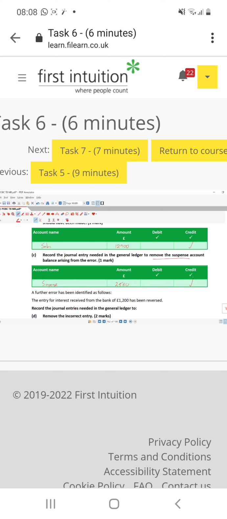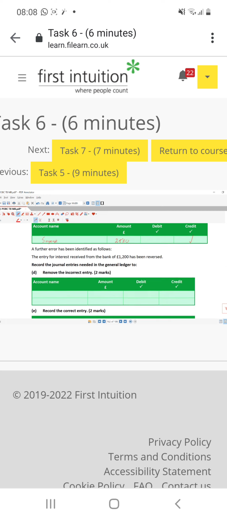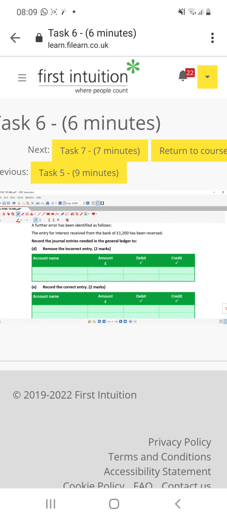So good. Now, we are also told a further error has been identified. And this is for the entry of interest received from the bank of £1,200, which has been reversed. So what we need to make sure that we do here now is, like last time, remove the incorrect entry.